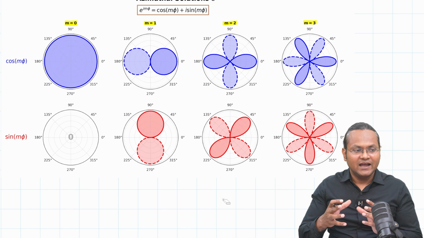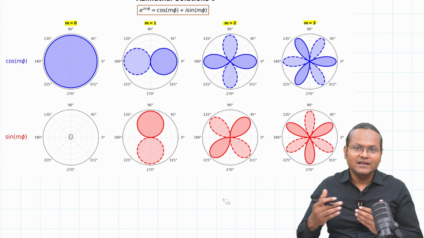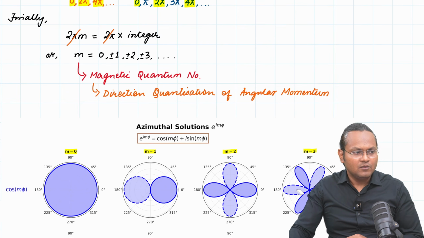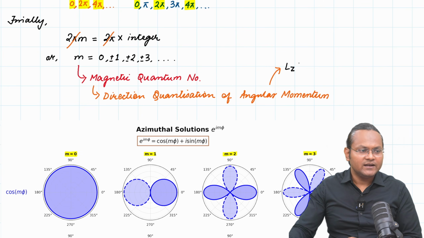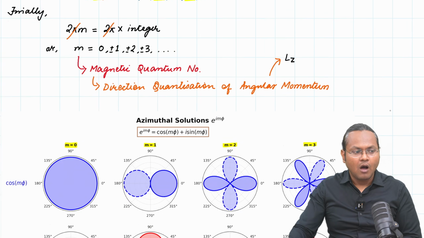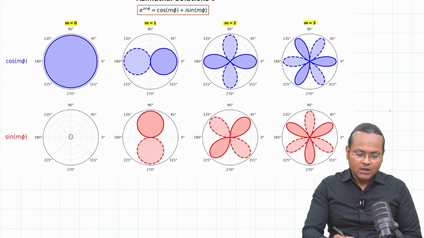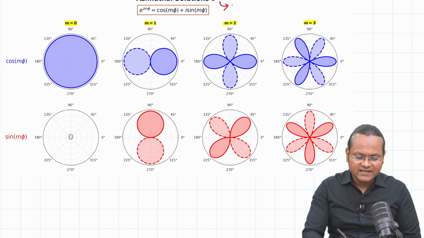And the reason is that the value of this magnetic quantum number is directly linked to the angular momentum component along the z-axis. With increasing magnetic quantum number, we get an increasing value of the z component of angular momentum. Here, these azimuthal solutions essentially represent phase rotations.